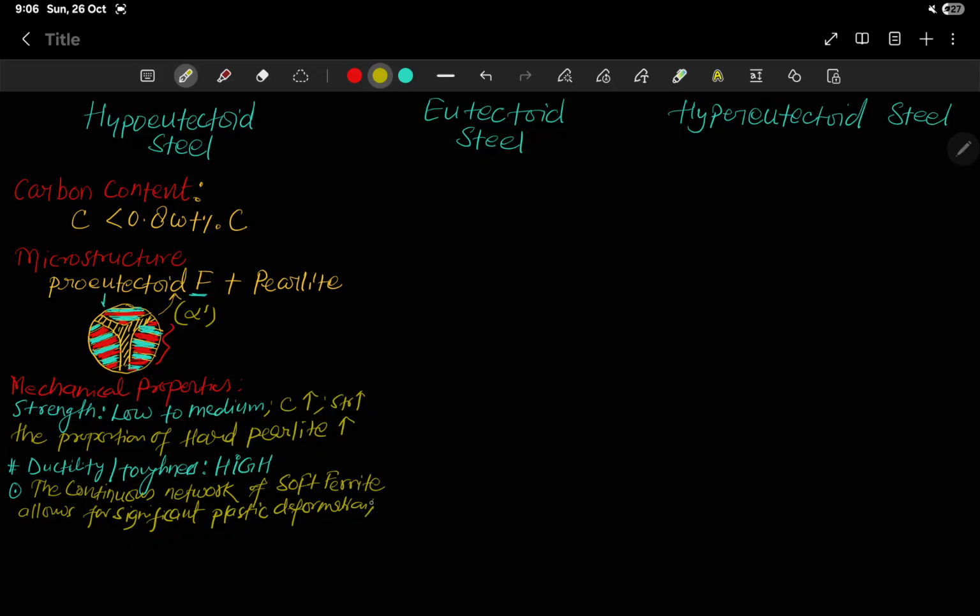So this phase has very high energy absorption capability.